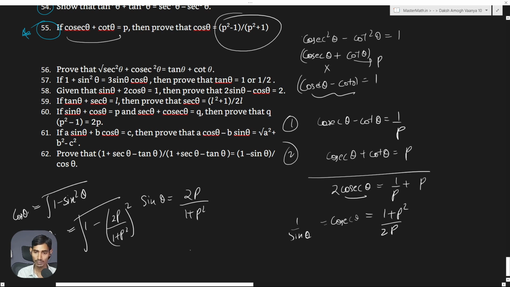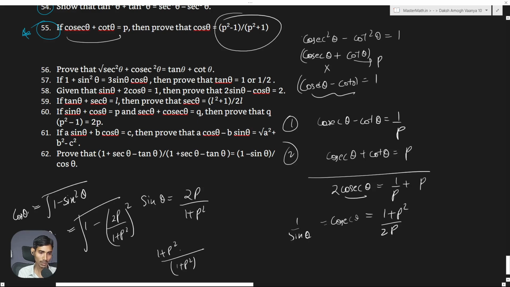Okay. Any doubts? Or shall I solve this? Okay. 1 plus p square whole square we'll get from squaring this.